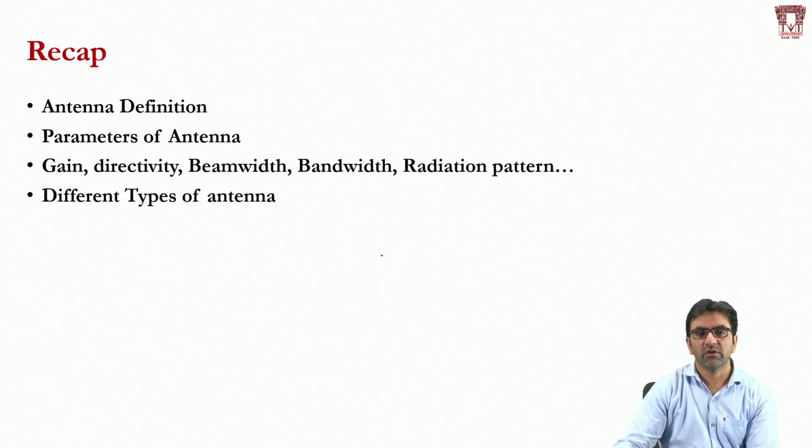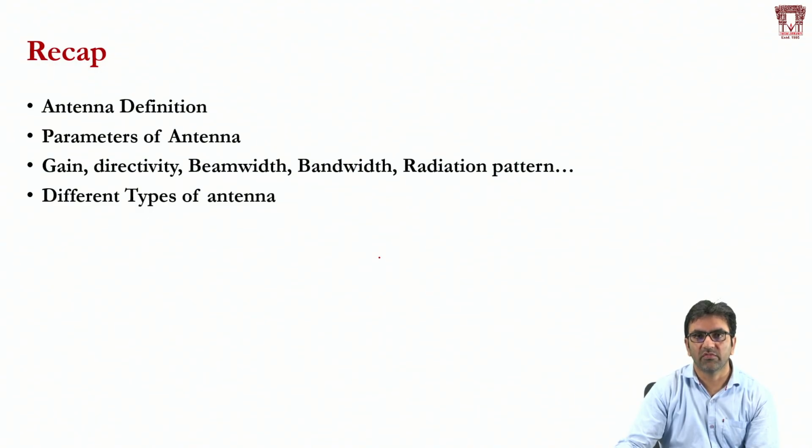Okay, so because it is very important to connect it with the previous lectures, what we have discussed: we need to have the knowledge of what is an antenna, what are the different parameters of the antenna, like gain, directivity, beam width, bandwidth, and radiation pattern. How the radiation pattern of an individual antenna looks like.